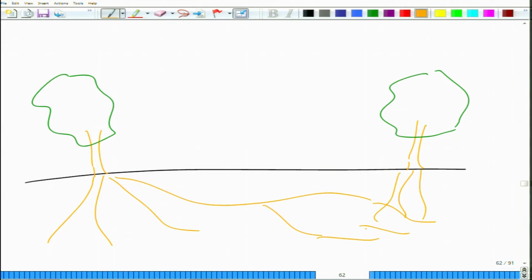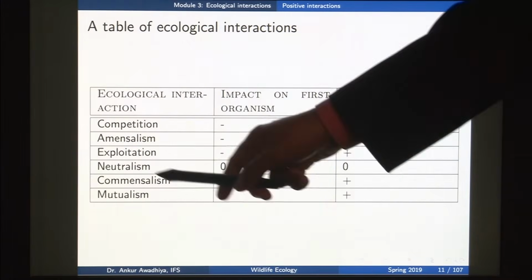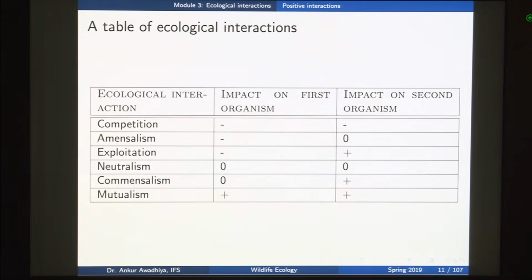So, while in the first instance it might appear that both of these trees are in a relationship of mutualism, it is also possible that they might be exploiting each other. But we call these kinds of interactions mutualism, where the impact on the first organism and the impact on the second organism are both 0. Next we have commensalism. Now, commensalism is an interaction where one organism gets a benefit and there is no impact on the second organism.